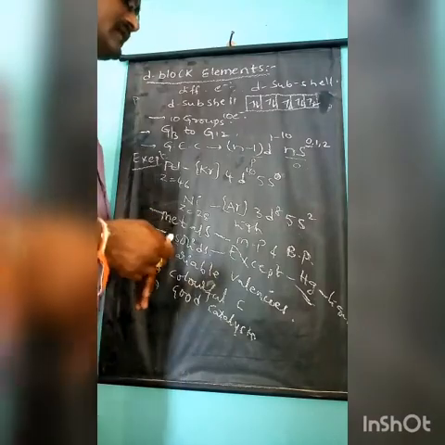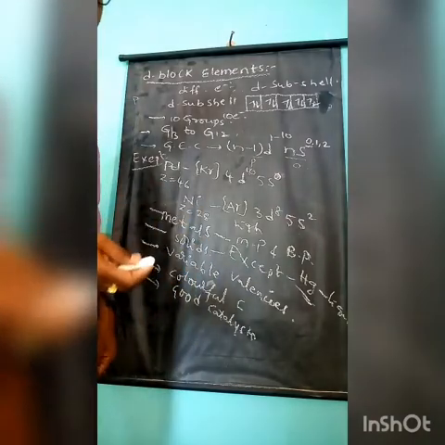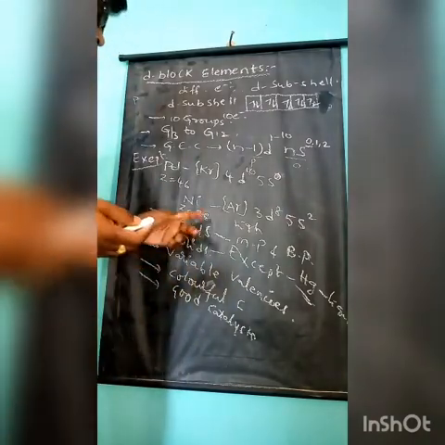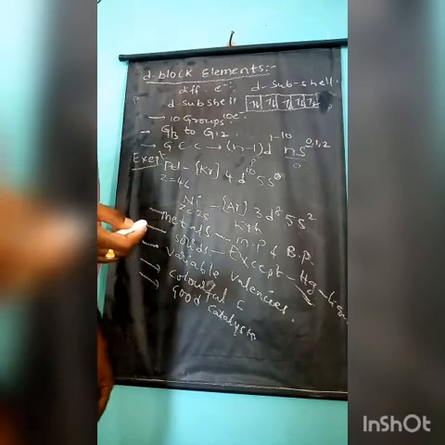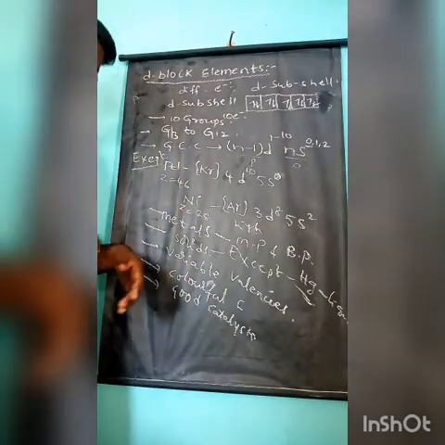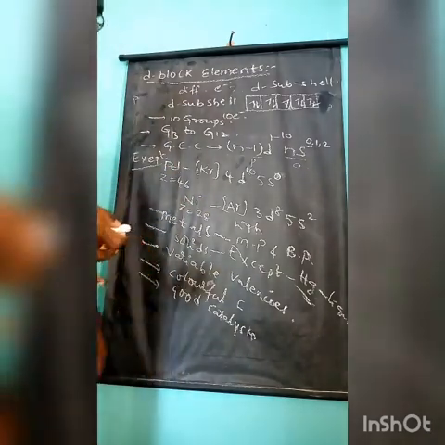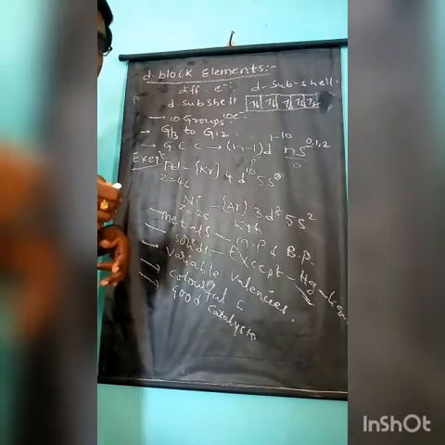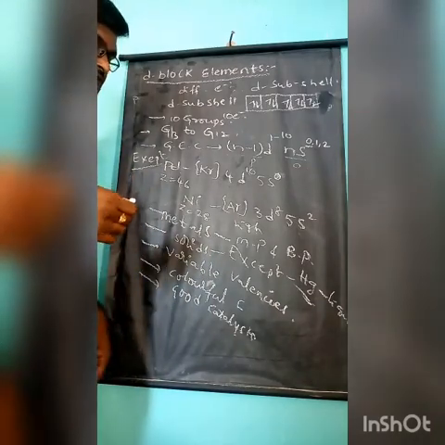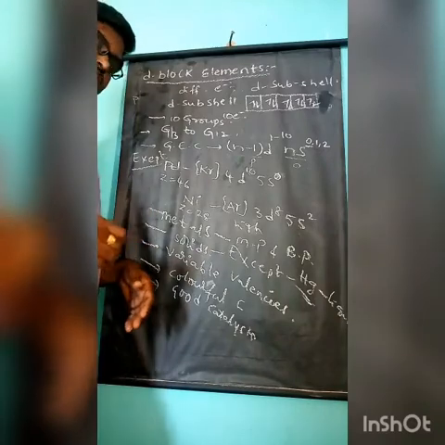For hydrogenation of oils, we use nickel, palladium and platinum as catalysts, so oils can be converted to vanaspati artificially.